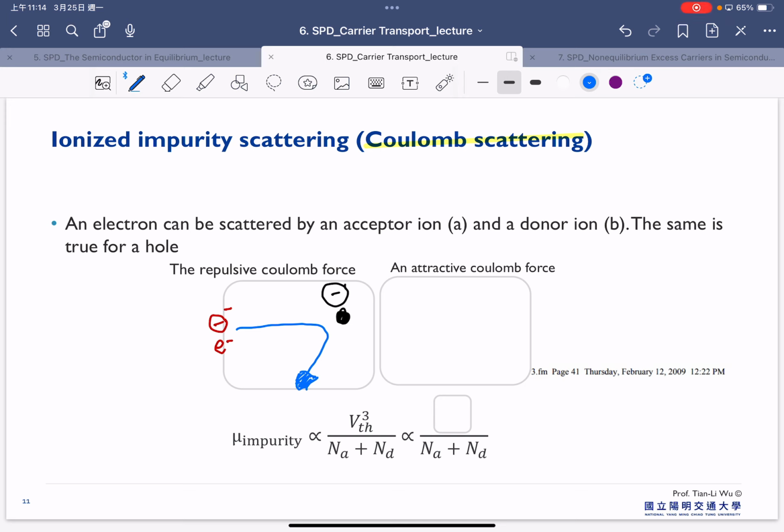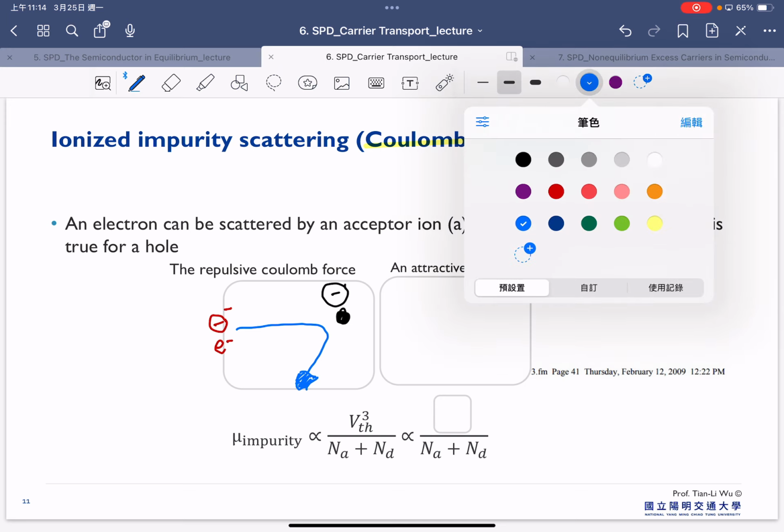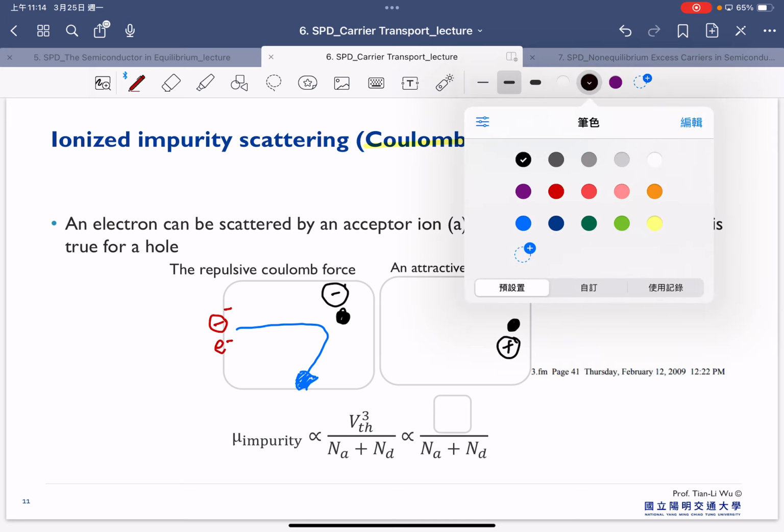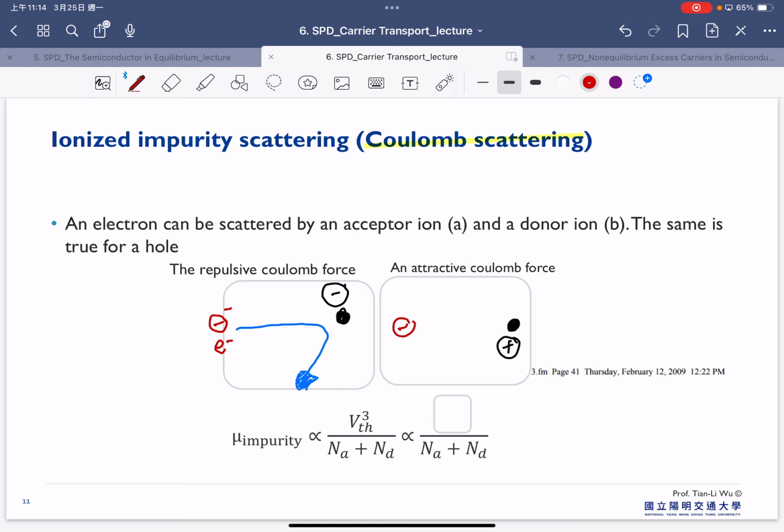On the other hand, there's also the possibility that you have a particle here that is a positive charge. Now you have one electron moving towards the right, and of course, due to this positive charge, you will have an attractive Coulomb force.